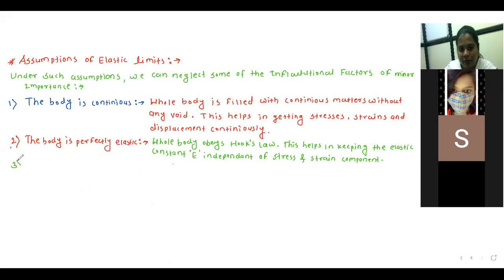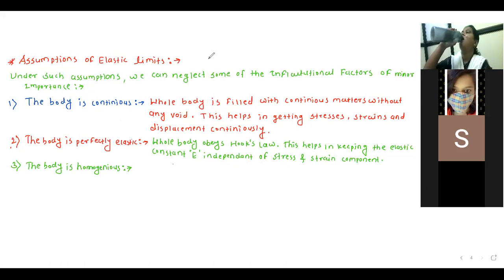Our third assumption is that the body is homogeneous. Now, anyone please unmute and tell me, when do we say a material is homogeneous? Anyone, at least try.